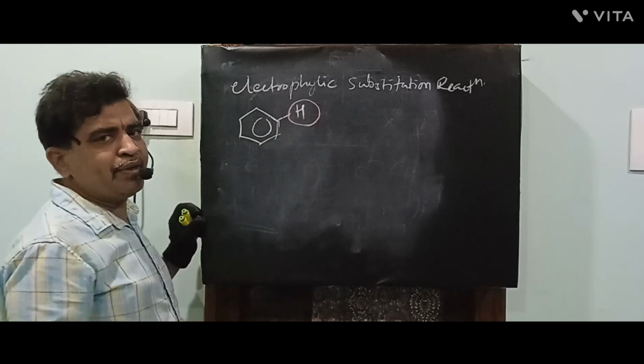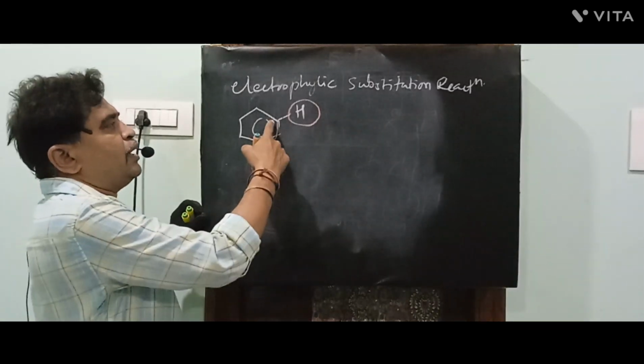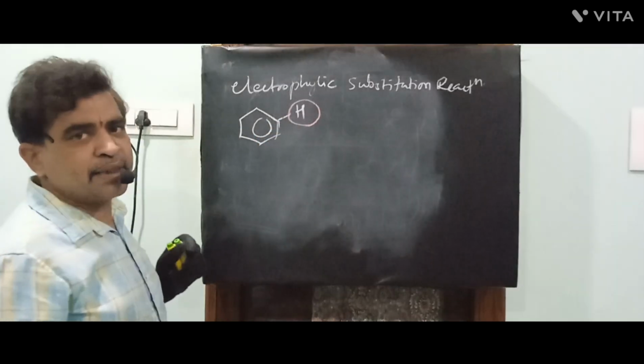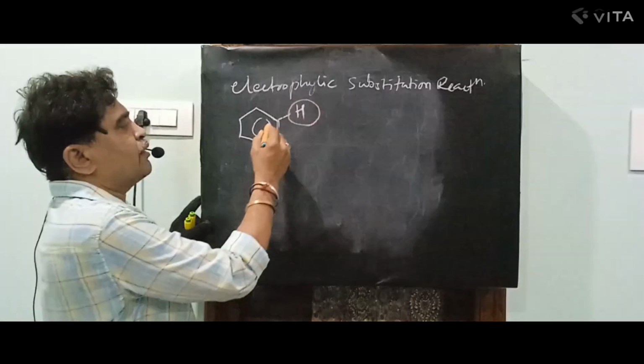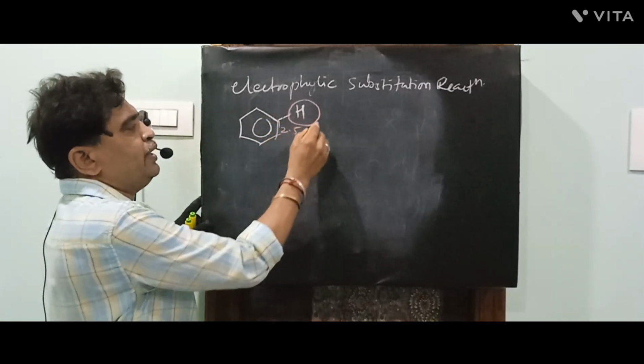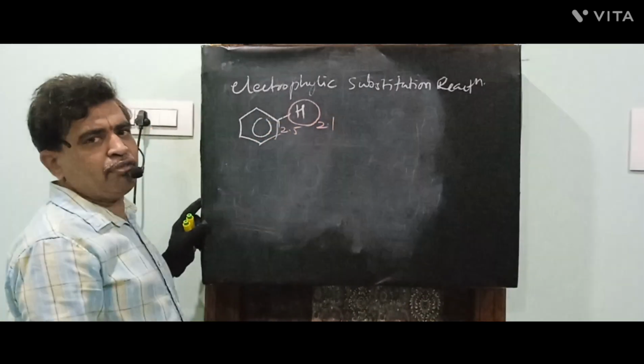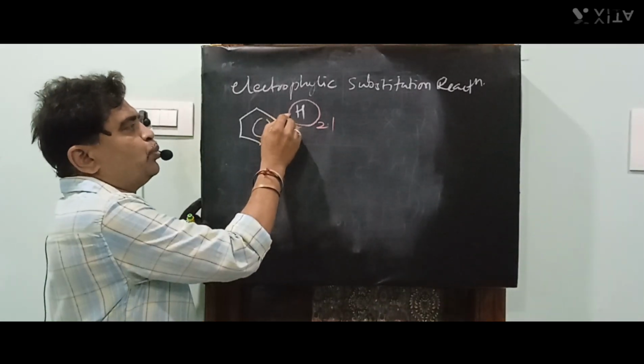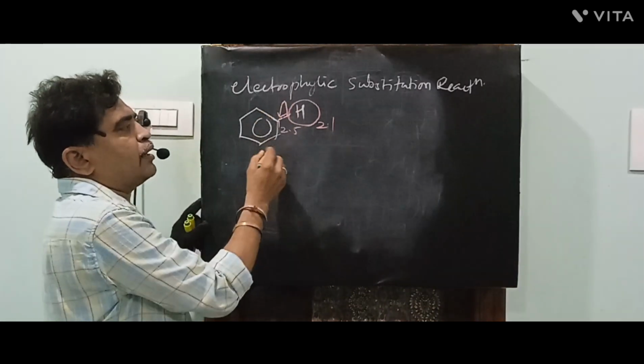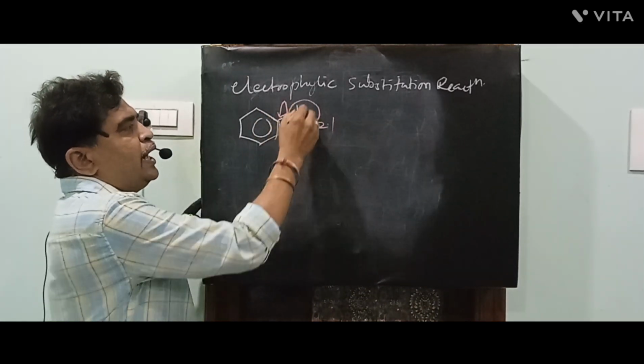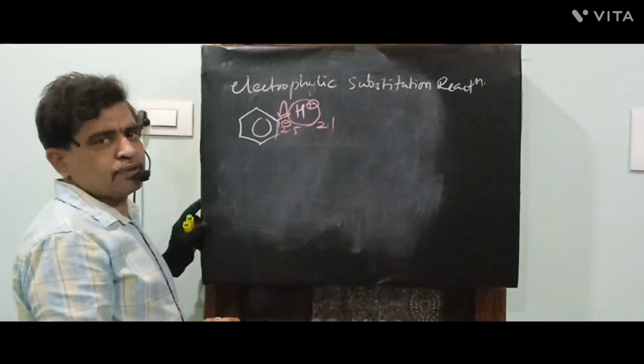We have to break the bond between the carbon and hydrogen. Carbon and hydrogen have a small electronegativity difference. The carbon electronegativity is 2.5 and the hydrogen electronegativity is 2.1. The electrons are pulled towards the carbon, so the carbon gets a negative charge and the hydrogen gets a positive charge.